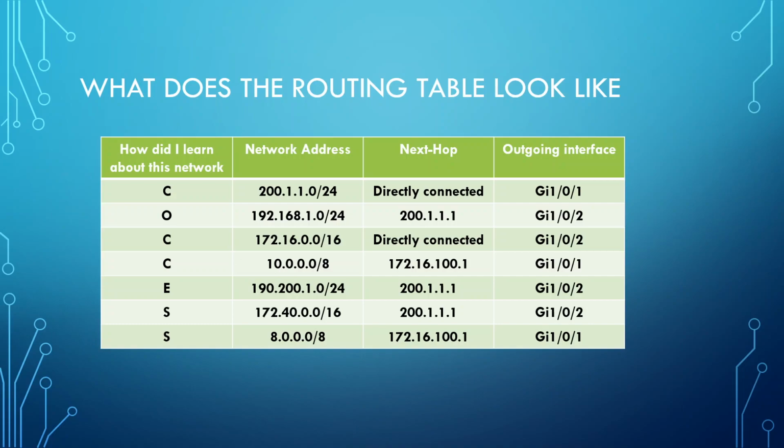So this /24 is used to represent the subnet mask. In the subnet masks that I showed previously, the one thing that they all have in common is that if you were to convert the subnet mask into binary, they're all a bunch of binary ones followed by a bunch of binary zeros. Now the /24 or the /16 or the /8 identify how many binary ones are in that subnet mask.